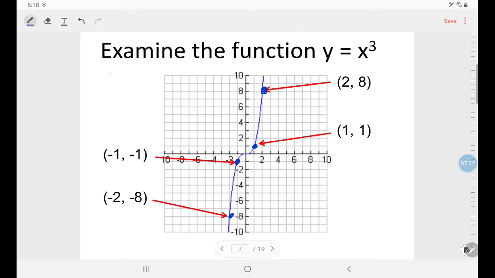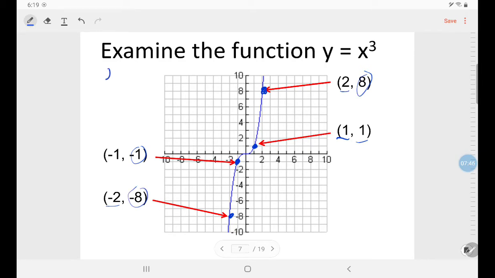In other words here, you change the x and the y. So if I have (1, 1), if you change the x, the y changes too. If you change the 2 to negative 2, it changes the y as well.